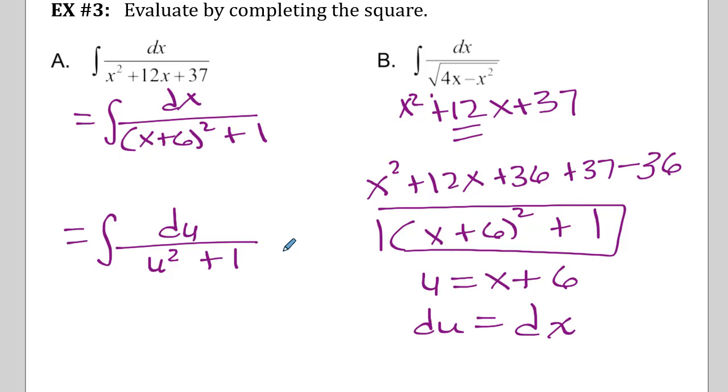And so we can think of that as tangent inverse of x plus 6 plus c.